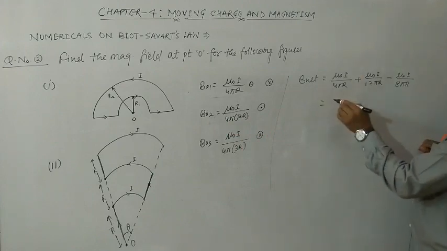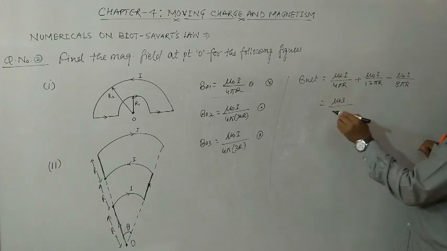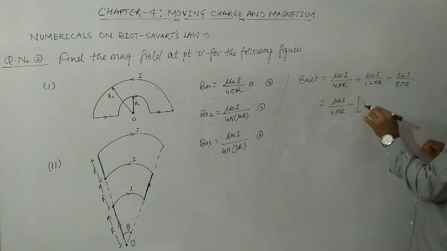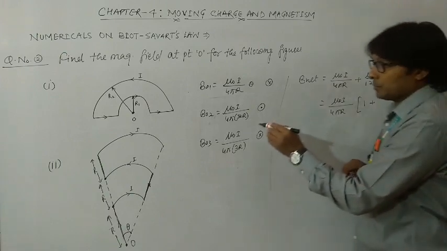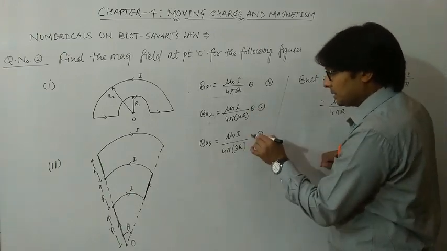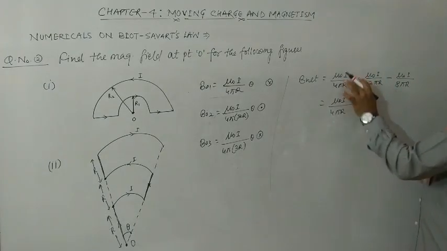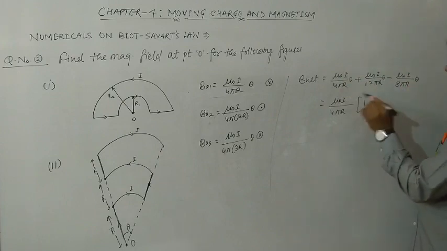What is common from here? We can take mu 0 I upon 4 pi r as common, and we also have to multiply by the angle theta, alpha we can say, so theta can be taken as common here.